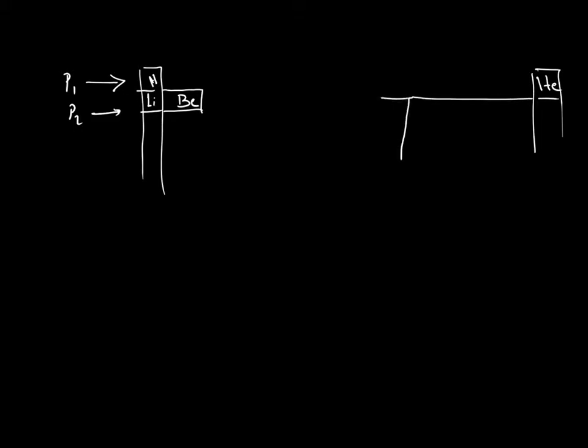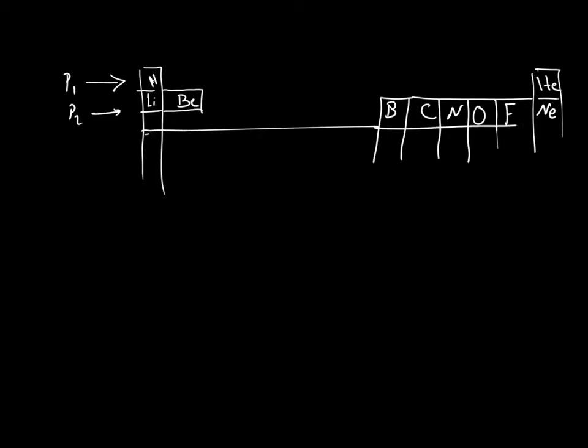On the right hand side, we have boron, carbon, nitrogen, oxygen, fluorine, and neon. Period 3 starts with sodium, and then magnesium, aluminium, silicon, phosphorus, sulfur, chlorine, and argon.